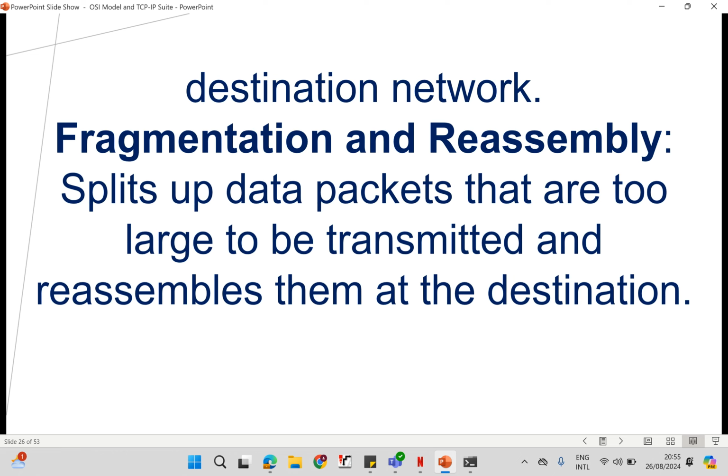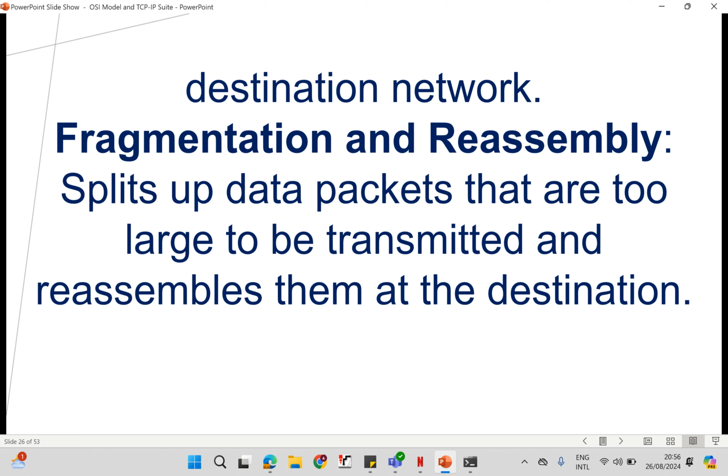What other functions do we have in layer 3? Fragmentation and reassembly. It splits up data packets that are too large to be transmitted and reassembles them at the destination. Just like when we are eating, maybe you've taken your swallow, either semo, eba, everything. You can't take the whole big lump of eba and swallow at once.